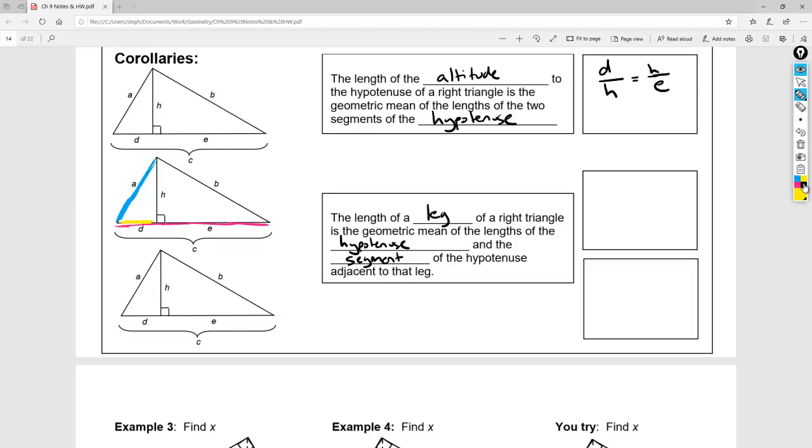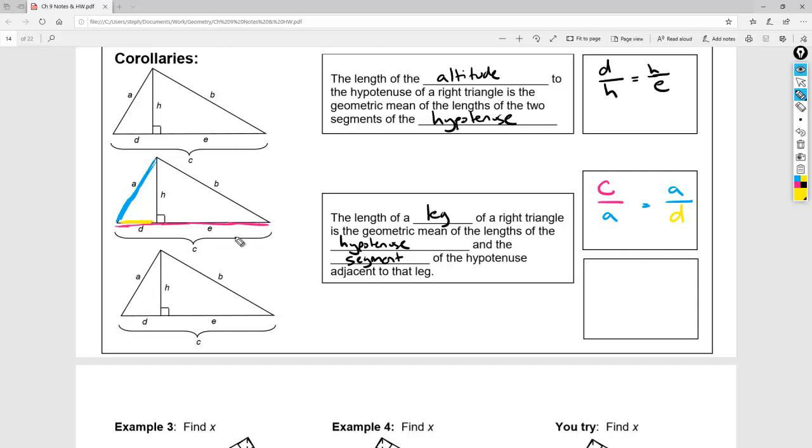Okay, we can create a relationship. So what I know is that C relates to A as A relates to D. Right.